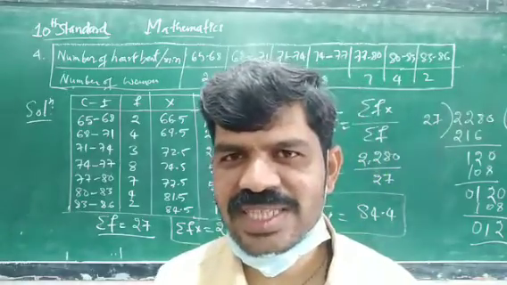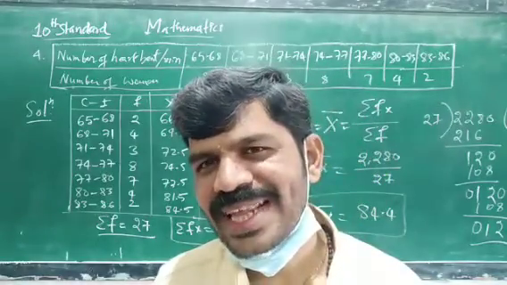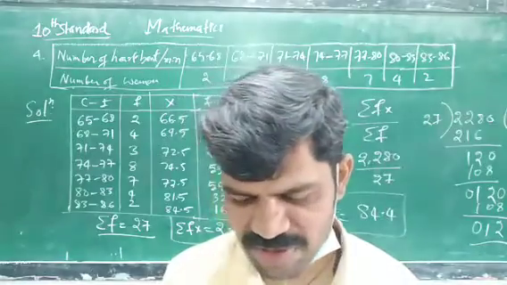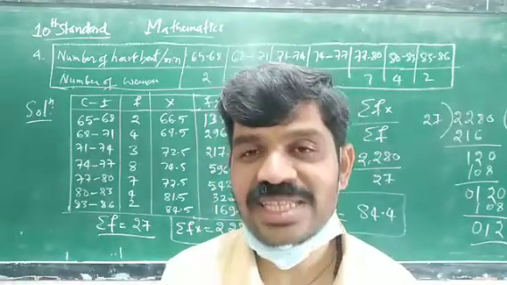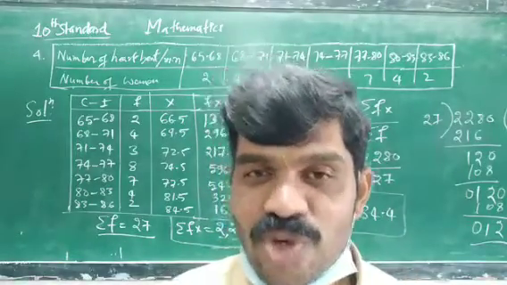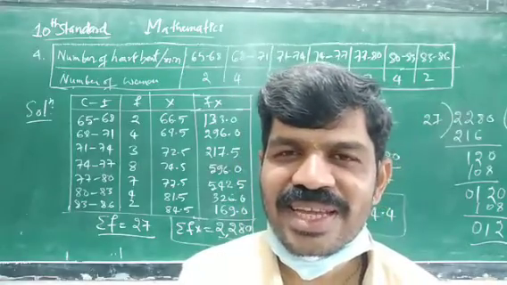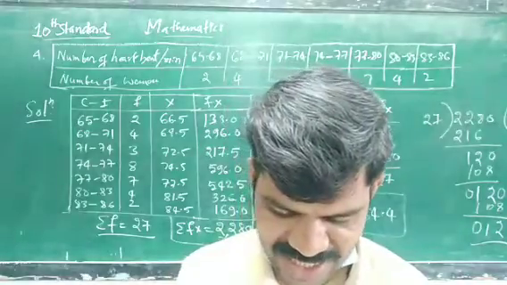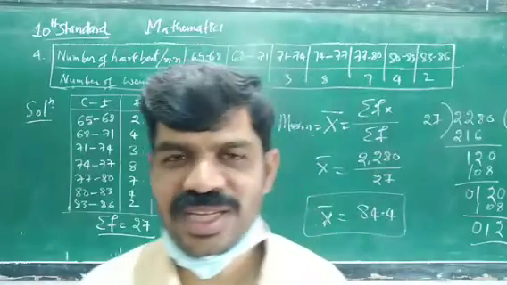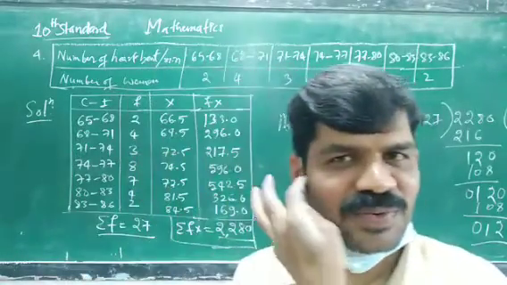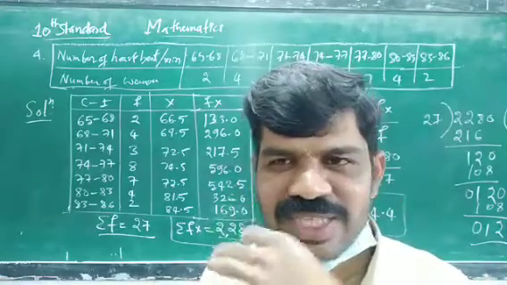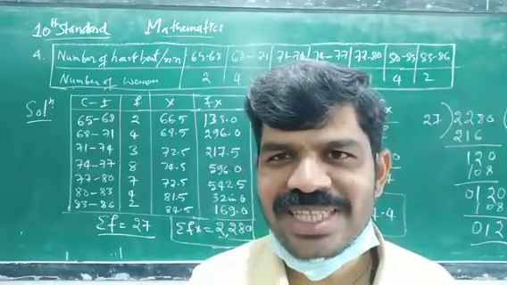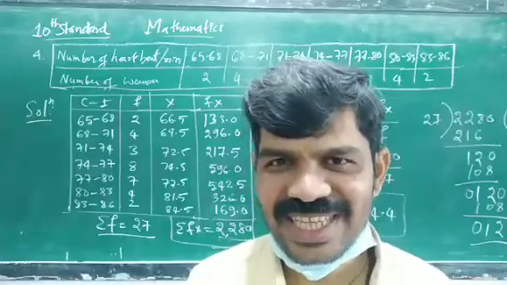In 6 classes, it is impossible to complete this, because in one exercise there are 10 to 12 problems. If I go on solving all the problems, this much time is not working out, so I have to reduce it. I have to complete this chapter within 6 classes.